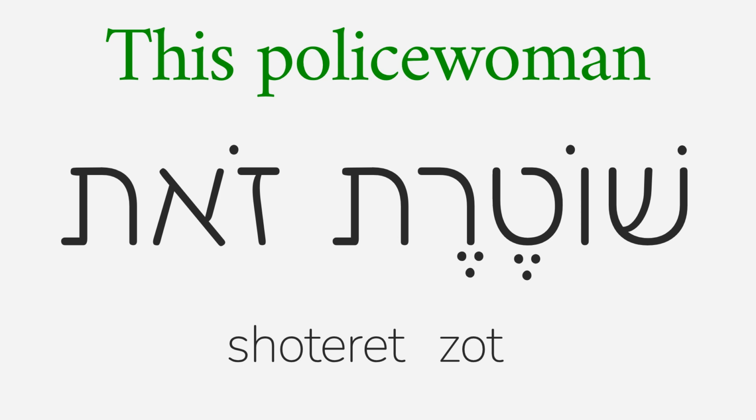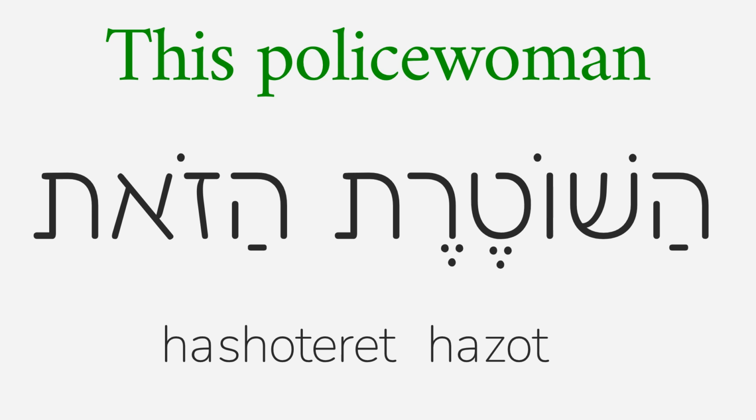But usually we add a ha, meaning the, onto both the noun and the adjective when we use this as an adjective. So we have ha shoteret hazot. Ha shoteret hazot is the way we usually would translate this policewoman into Hebrew. We can do the same thing with ze and ele.